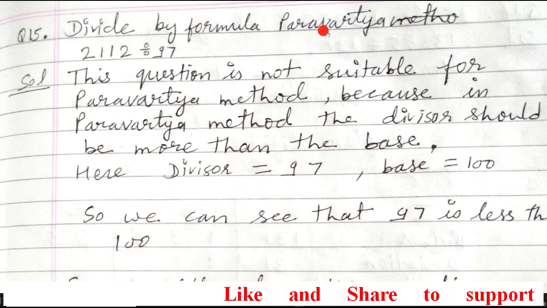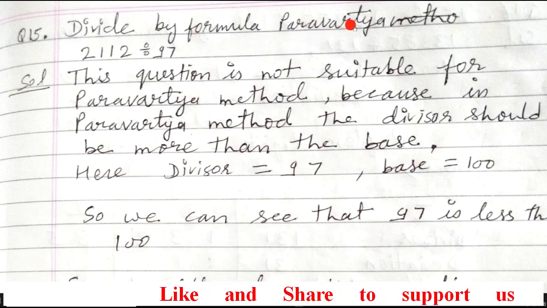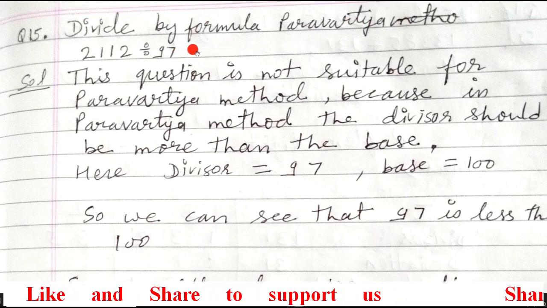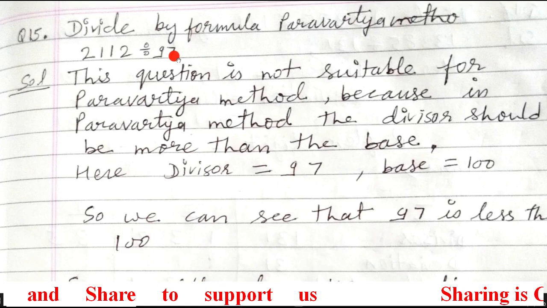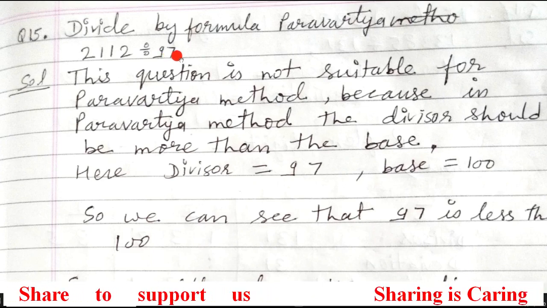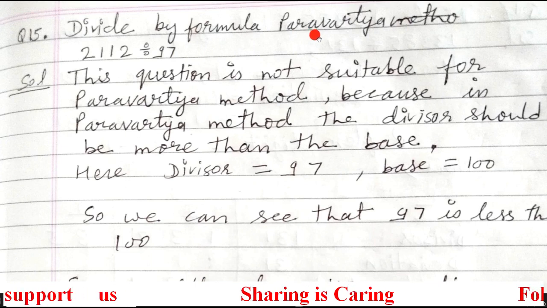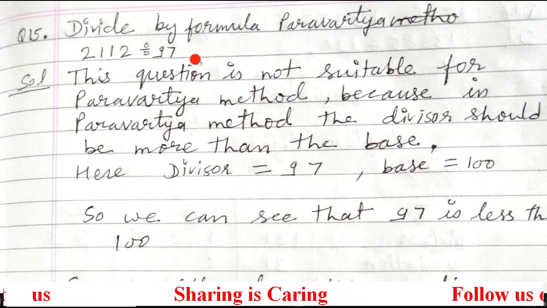For it, the identification is, in Parvartiya method of division, the divisor should be more than the base. So here students, the base is 100, but this 97 is less than 100, so this question is not appropriate for the Parvartiya method. So how to solve this?